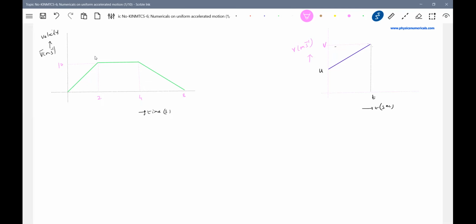This particular area, I'm interested in this area. Are you seeing this yellow shaded region? What does the area under the curve imply? For that, what does this equation represent? V equal to u plus at formula.